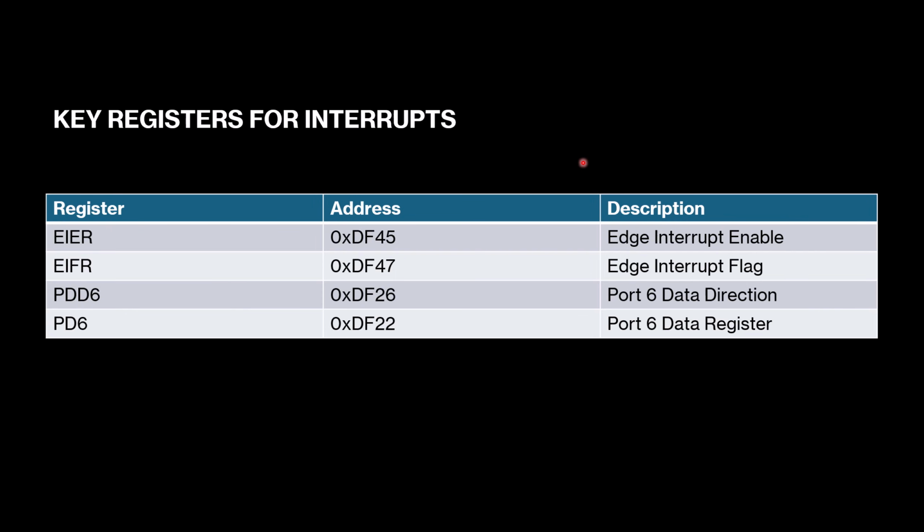In this video, I'm probably not going to use PD6, but once I get to reading the data off the PS2 keyboard, I'm going to have to use PD6, assuming it's one of the other port 6 pins. Right now I have it plugged into pin 2, so PD62 is what I'm going to use for my data, and PD64 is what I'm going to use for the clock. So when the clock triggers an interrupt, I want to then go read the data off of PD62.